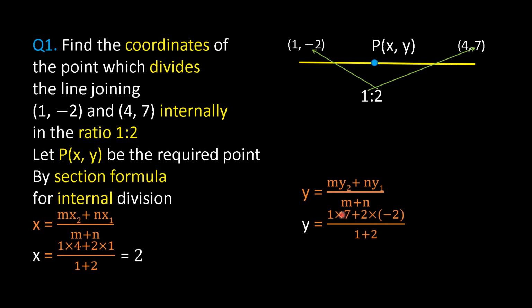So it will be 7 minus 4, that is 3, divided by 3, which will be 1. So the coordinates of point P will be P(2, 1). That is, this point P will be P(2, 1).